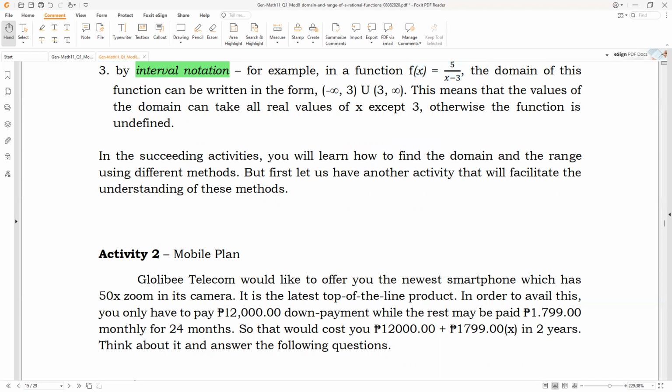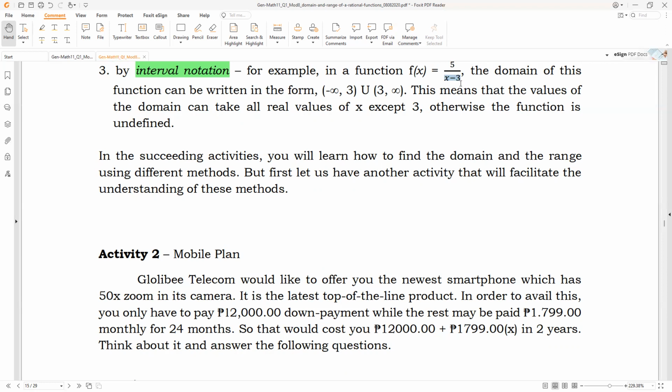So what x values make the denominator zero? Of course, it's 3, because 3 minus 3 is equal to 0. So basically, 3 is not part of the solution, right?